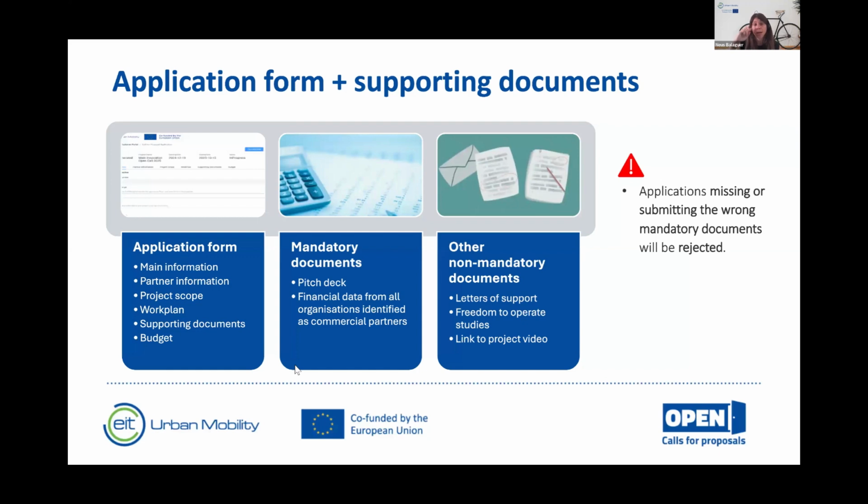But there is also other information that you have to prepare, because these are supporting documents that you have to attach to the application form. In this case, for the strategic innovation call, you have two mandatory documents: the pitch deck, for which you have a template, and the financial data of all the commercial partners.